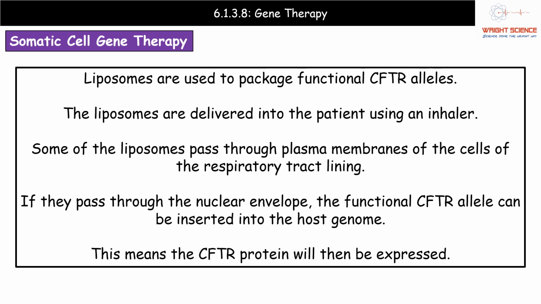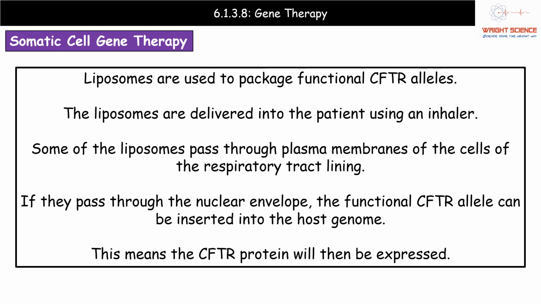The way that we're going to make sure these functional alleles reach their intended destination is through the use of a liposome. If we look at liposome, hopefully we're thinking lip stands for lipids, and it does, because it involves a lipid structure. So liposomes are going to package those functional CFTR alleles, and then the inhaler delivers them to the respiratory system.